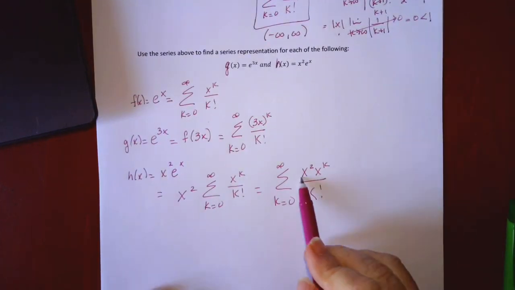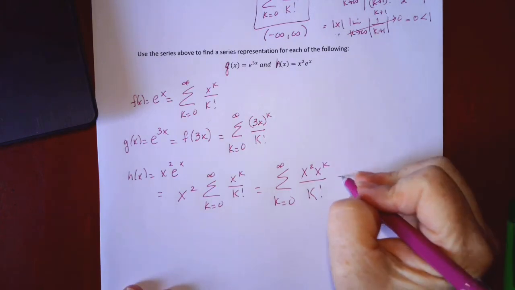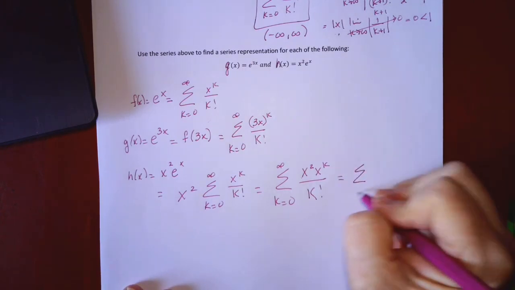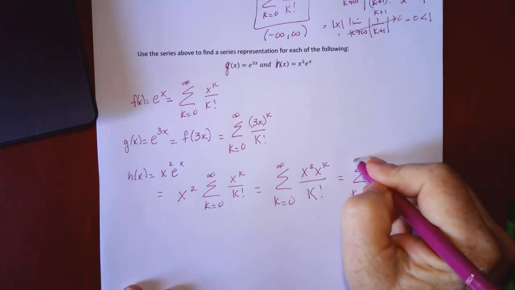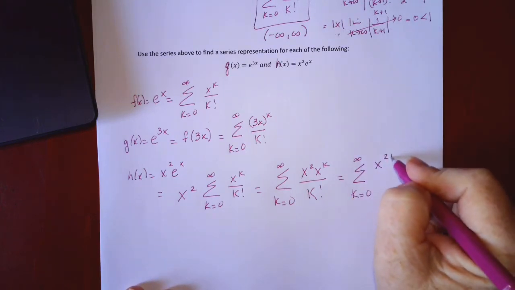And remember, when you take x squared times x to the k, that's x to the 2 plus k. So we would have a power series representation of k equals 0 to infinity of x to the 2 plus k over k factorial.